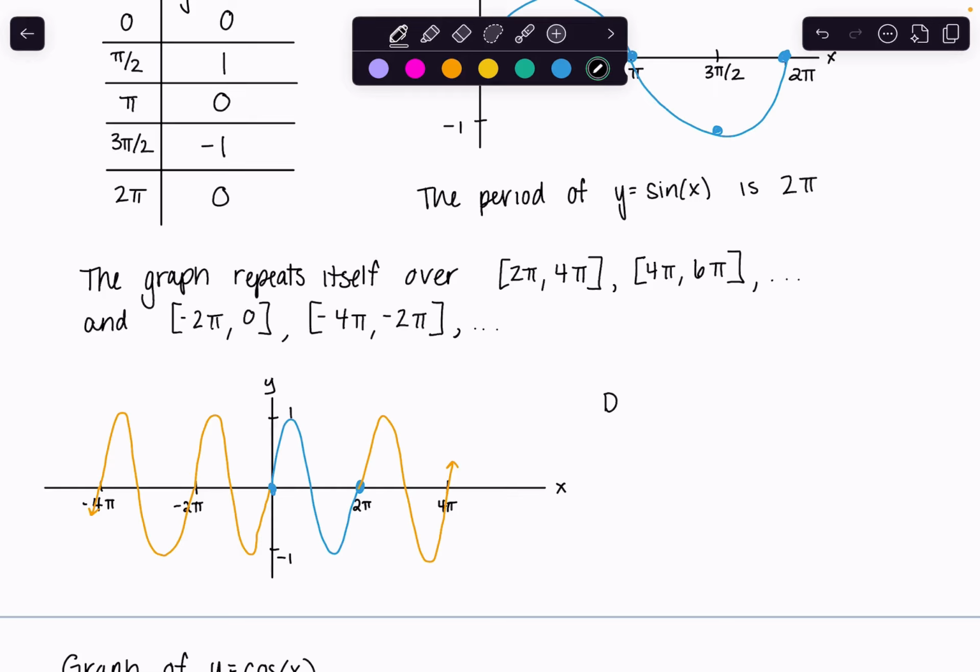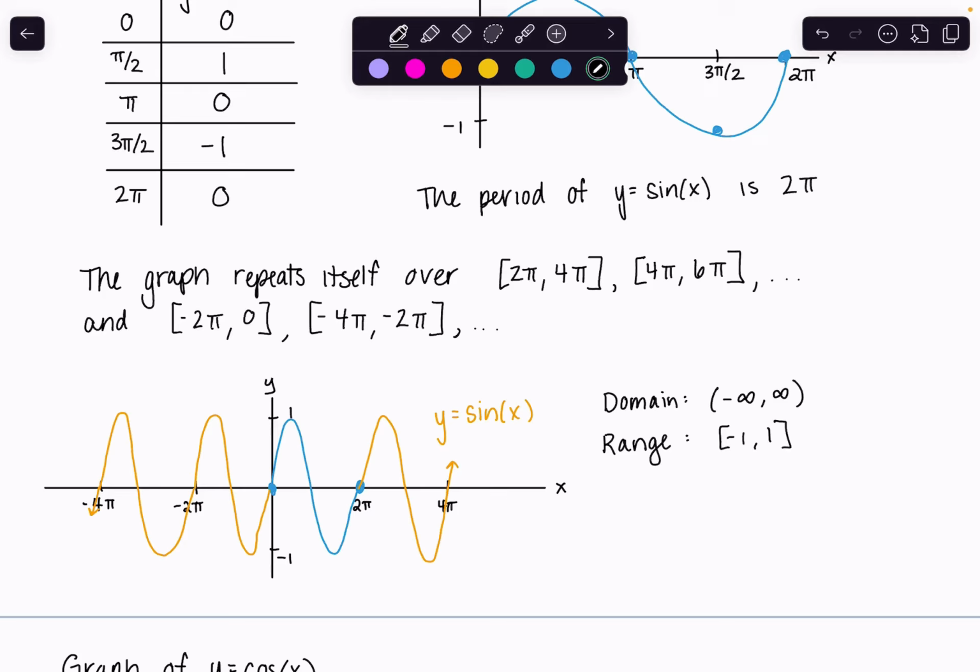So if we think about all of the properties of the sine function, your domain is you're inputting an angle, because this is the graph of y equals sine of x. You can input whatever angle you want. So your domain is all real numbers from negative infinity to positive infinity. Your range, however, is the y values.